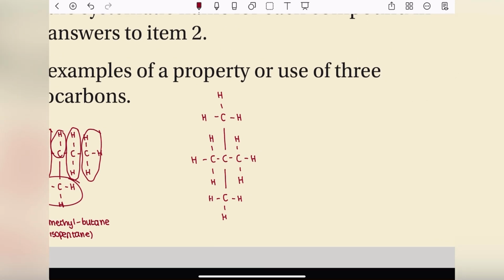Again, we can redraw it in a more condensed form. So CH3 on the side, and then a single carbon atom in the middle, and then we have more and more methyl groups surrounding it.